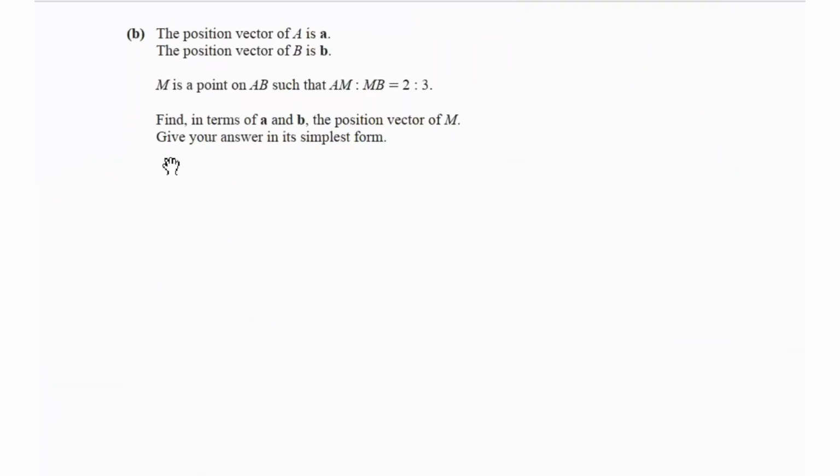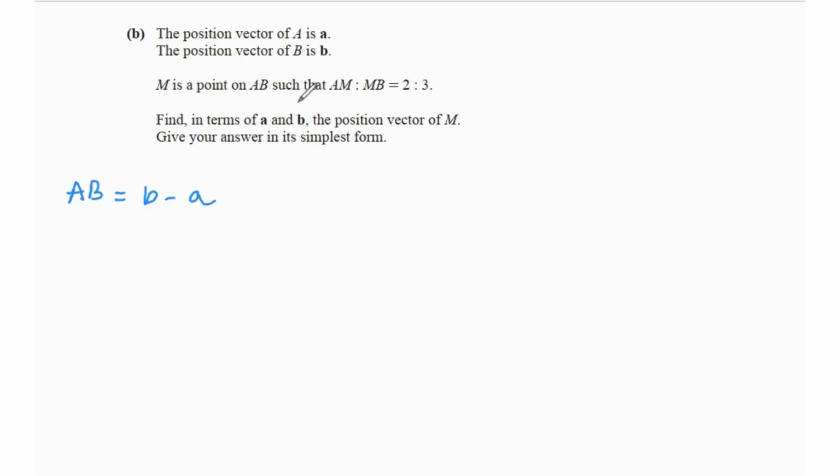Next part says the position vector of A is a. The position vector of B is b. M is a point on AB such that AM to MB is 2:3. Find in terms of a and b the position vector of M, giving your answer in its simplest form. So first things first, let's find AB. AB is going to be b minus a.